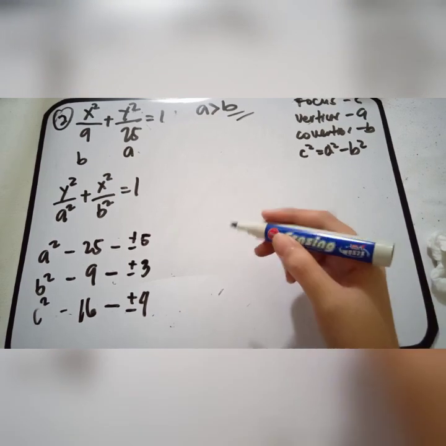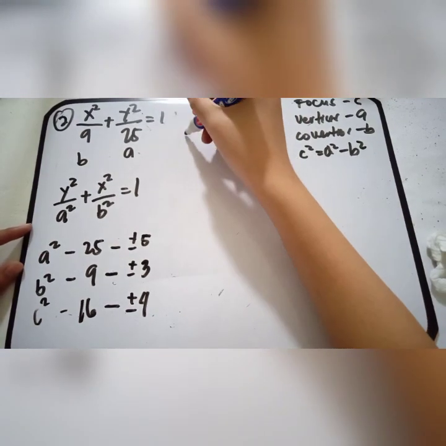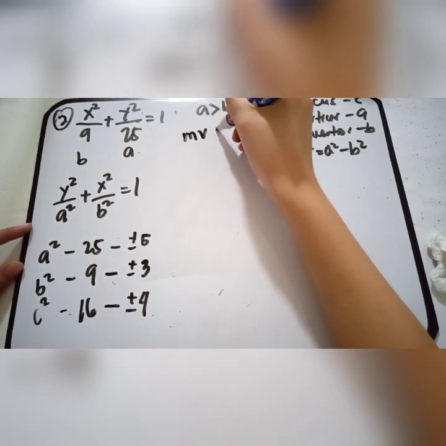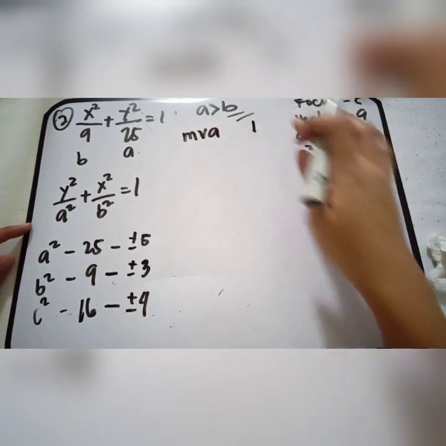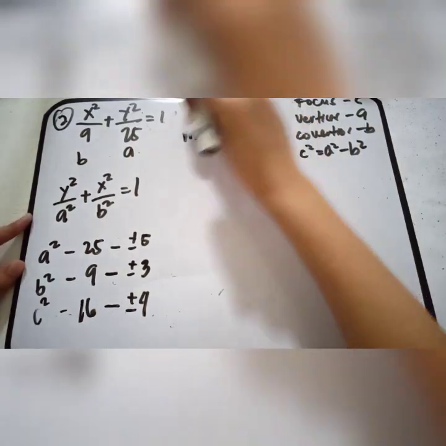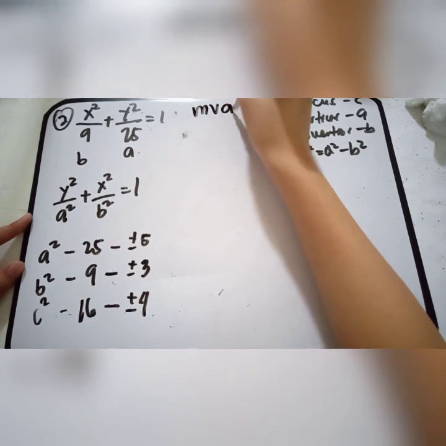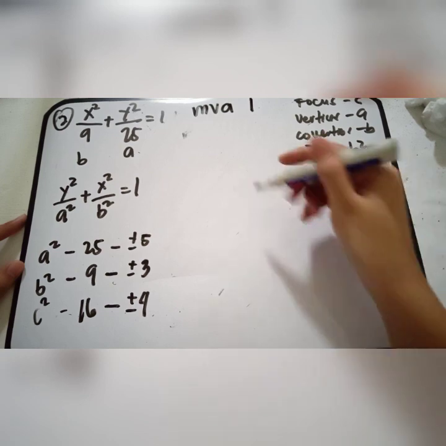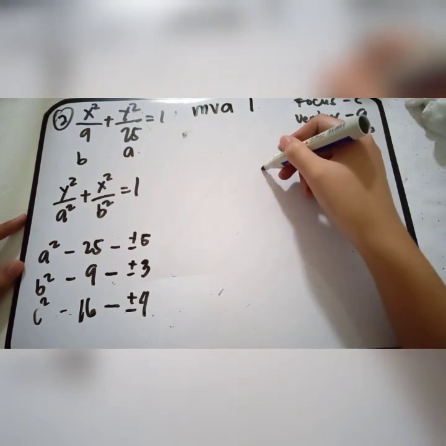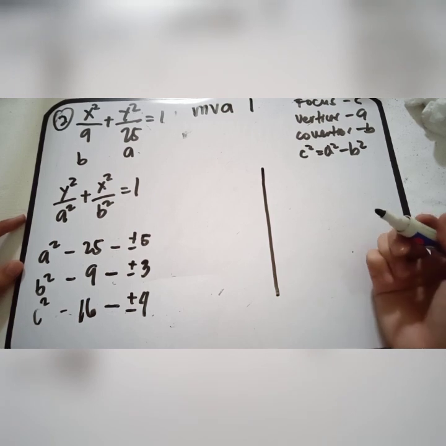Okay, remember, yung major axis na gagamitin natin dito, it is vertical or MVA or major vertical axis. Okay? Major vertical axis. Nakatayo siya. So, mas malaki yung y-axis natin kaysa sa x-axis natin.